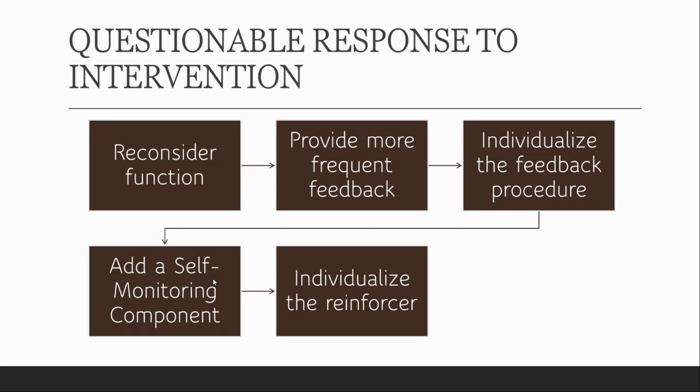Ensure that the correct function was identified, going back to their facts and confirming the intervention aligns with that function. So they want to review all the features of the implemented intervention to determine that it's in alignment with that function of the behavior. The next thing the team can do is reconsider the goal.